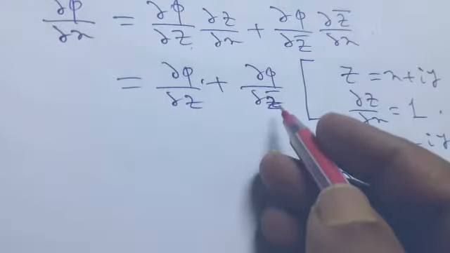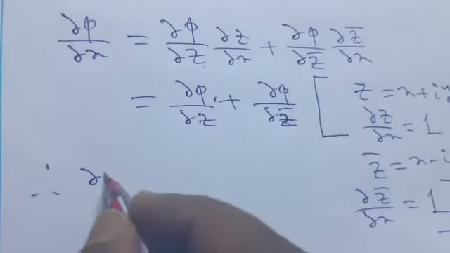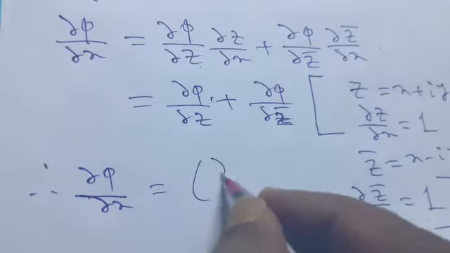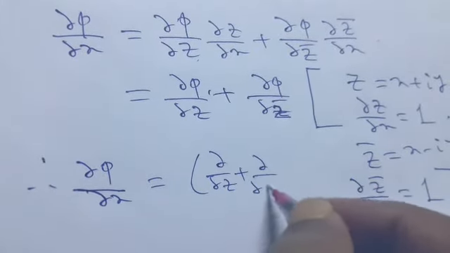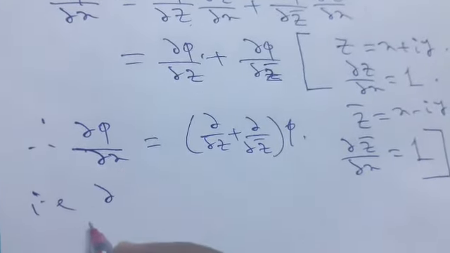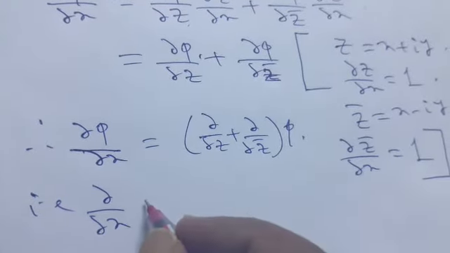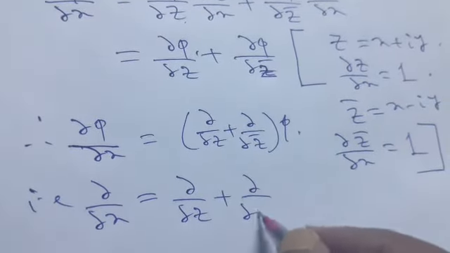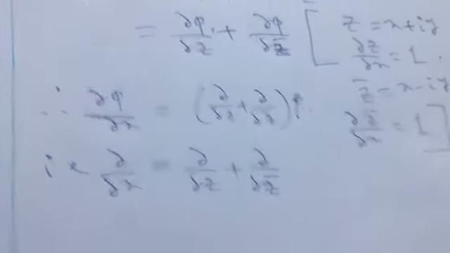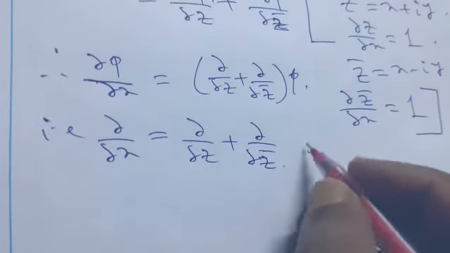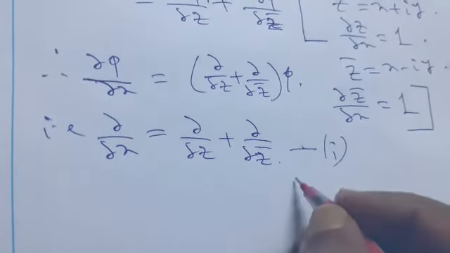Next, we use this: del phi del x is equal to del phi del z plus del phi del z bar, and we prove this first part of the result. Result 1 is proved.